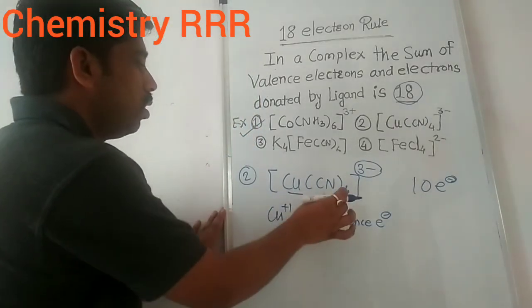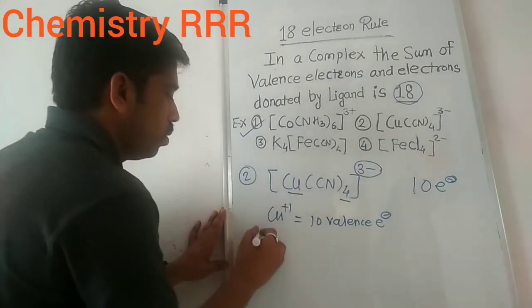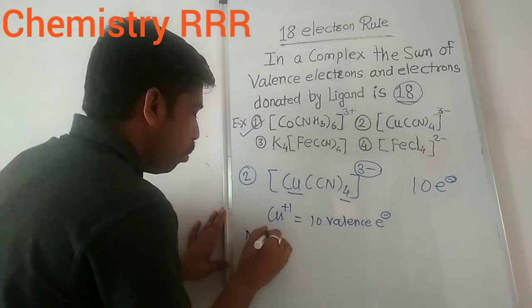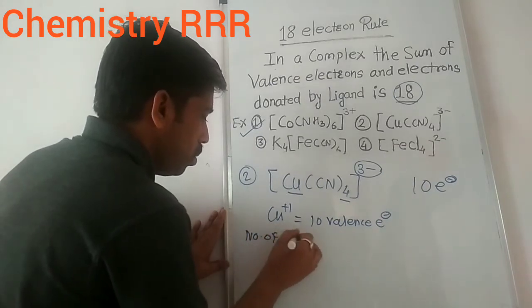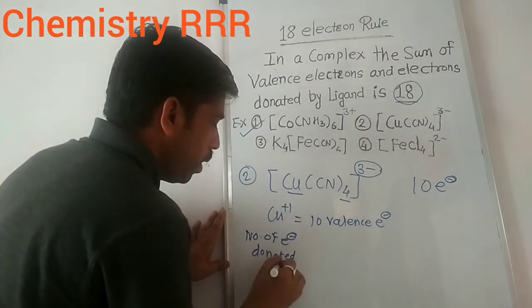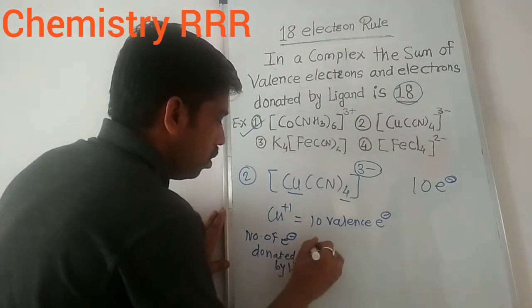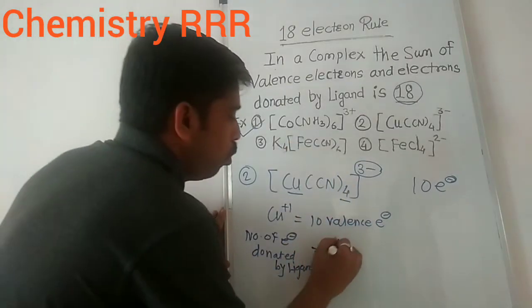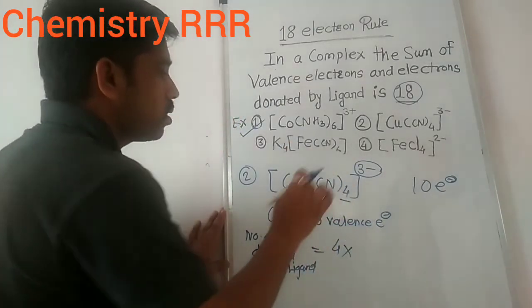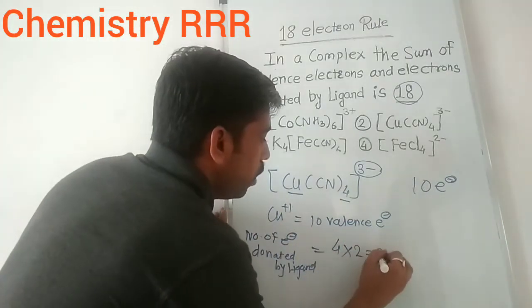Now, the number of electrons donated by the ligands. Here, the number of ligands is 4. Therefore, the number of electrons donated by the ligands is equal to 4 into 2, since each cyanide donates 2 electrons, which is equal to 8.